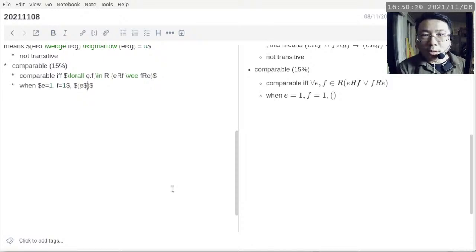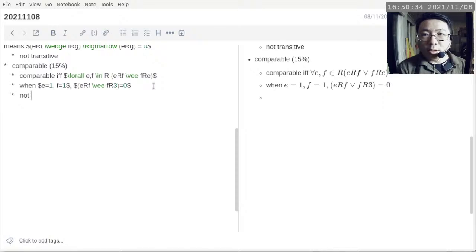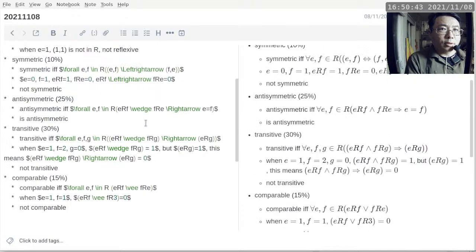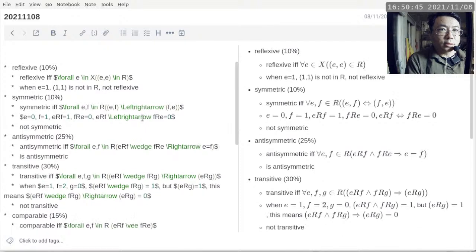So E R F or F R E is false. There we go. And as a result, it is not comparable. All right. So do we have any questions about this one? About how I answered the first question.